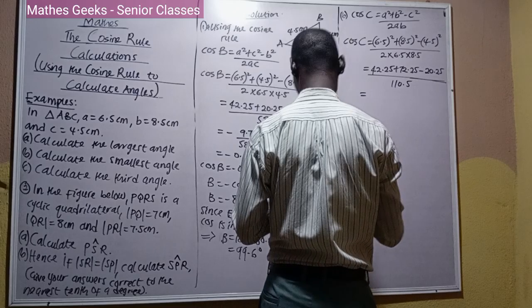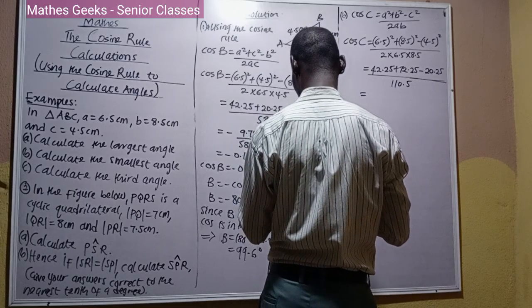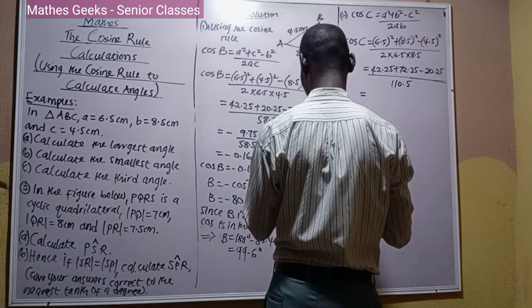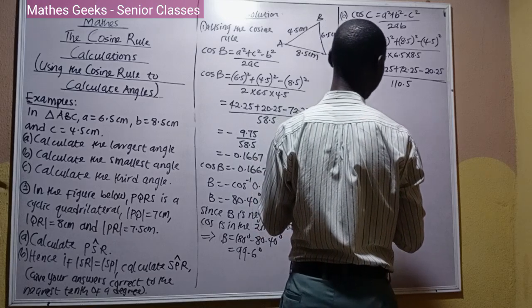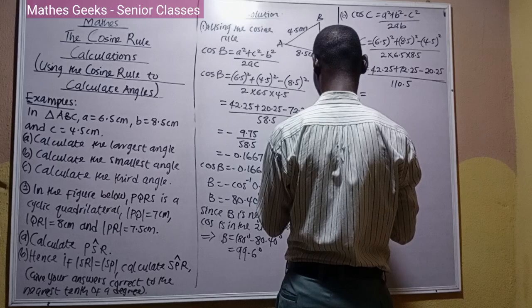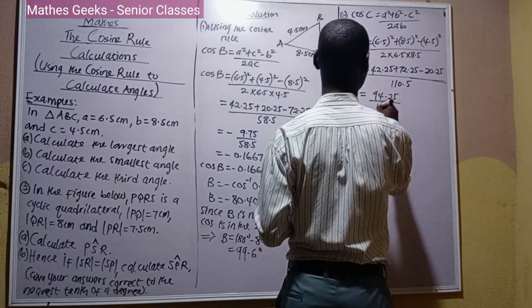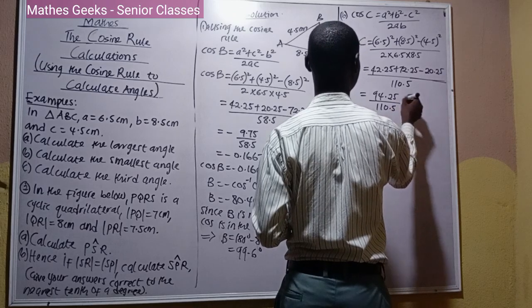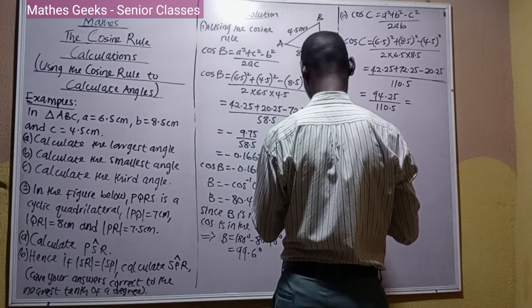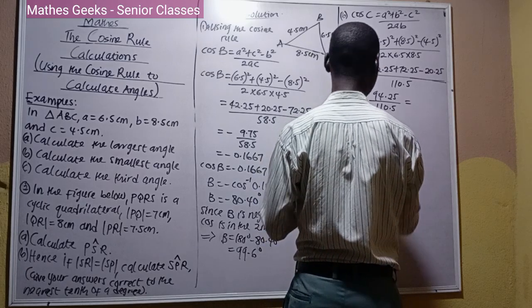So 42.25 plus 72.25 minus 20.25, 94.25, divided by 110.5. So this will give us 0.8529.